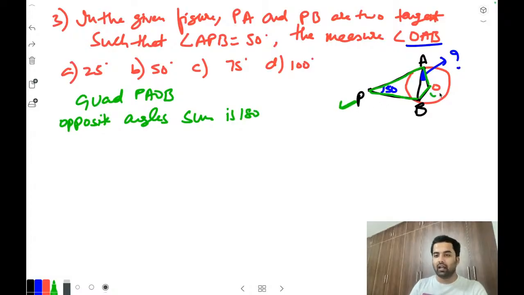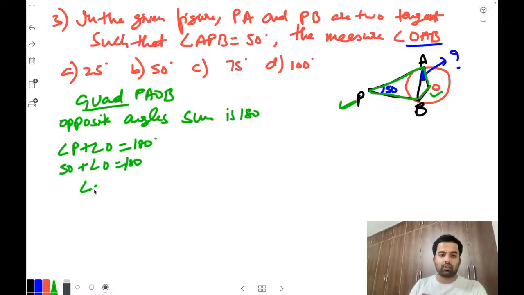Angle P and angle O are the opposite angles, so angle P plus angle O should be 180, because it is a quadrilateral. Angle P is given as 50, so angle O becomes 130. So at least we got this angle O as 130.